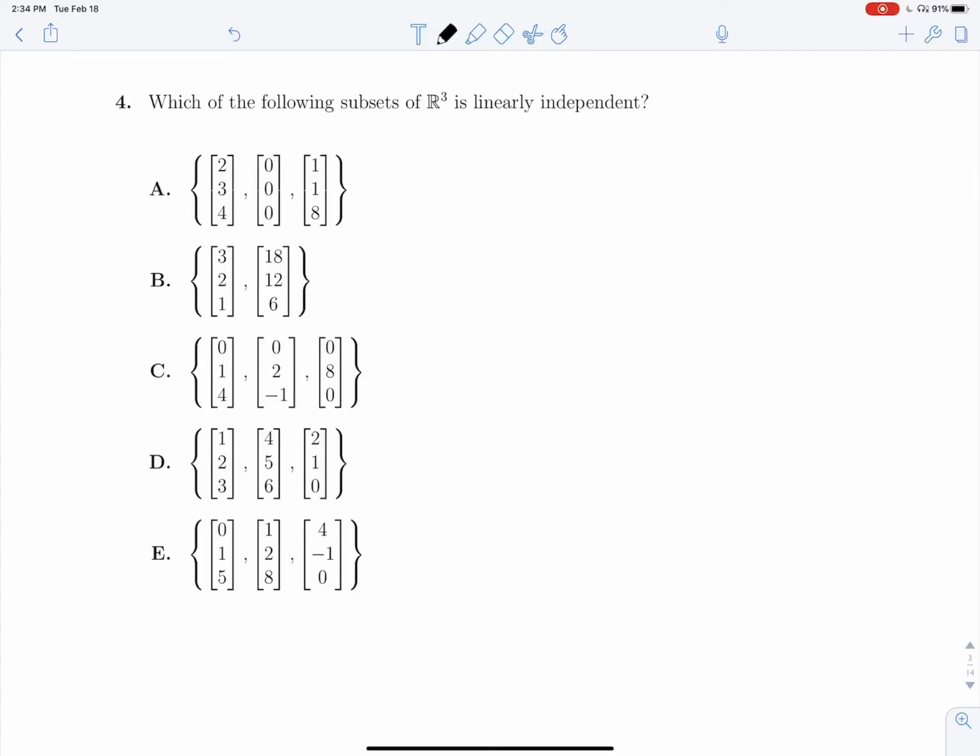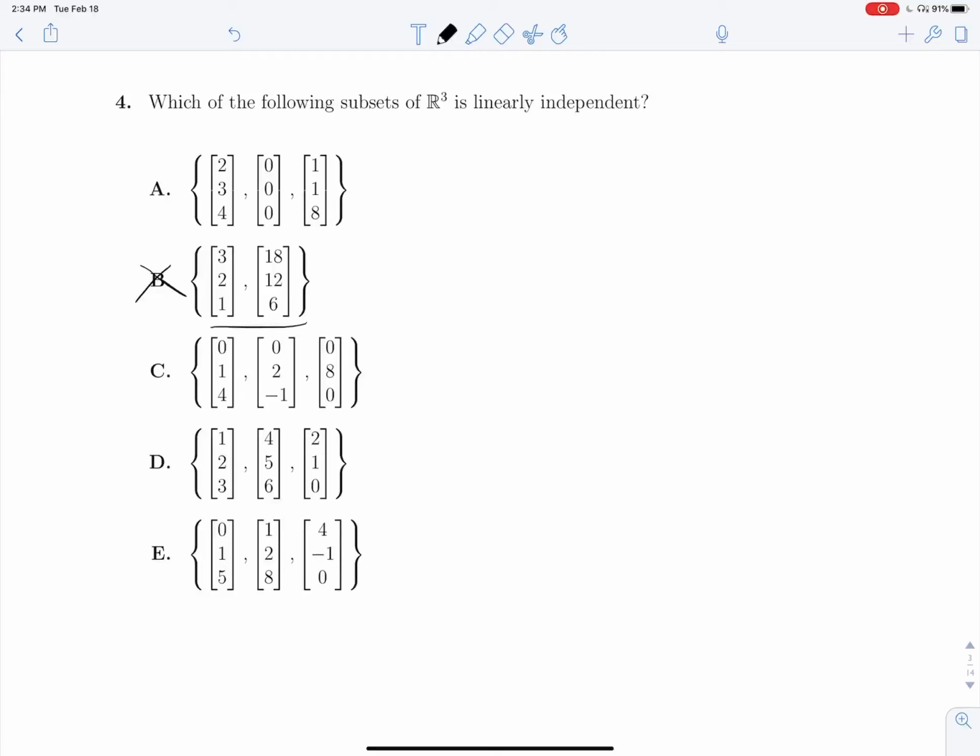Okay, question 4. Which of the following subsets of R3 is linearly independent? We can do this one real quick, given the stuff that we talked about last time. We are looking for columns that are multiples of each other. First off, I see that in B, those two are multiples of each other. We're not trying to span R3, we're just looking for linear independence.